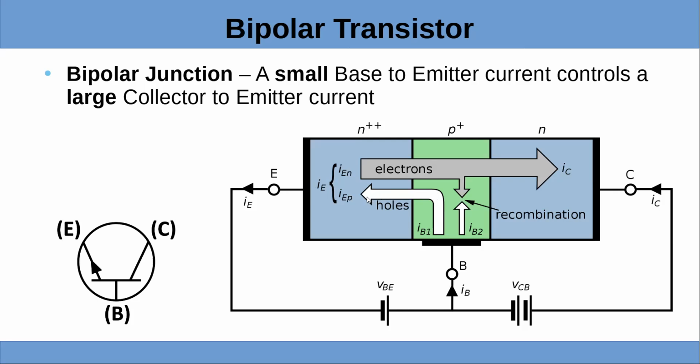It causes current flow between the collector and emitter that is some multiple of that base emitter current, which they represent as a thing called HFE, or the gain. So that's how it becomes a controlled element. It takes a very small base emitter current to control a large collector to emitter current.